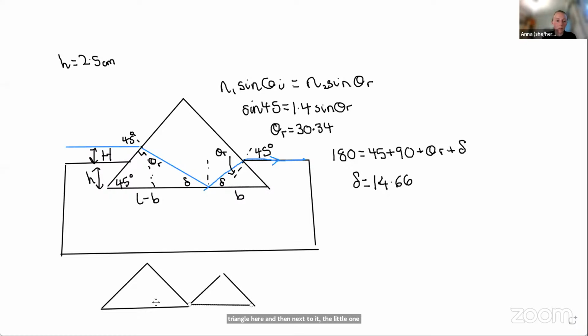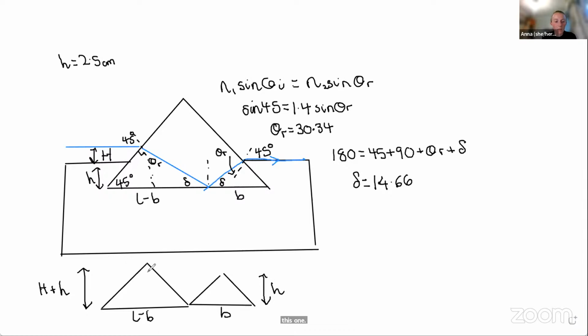And we can label on this triangle the stuff from before. So this is L minus B. This is B. The height of this one, we can see would be big H plus little h. The height of this one is just little h.